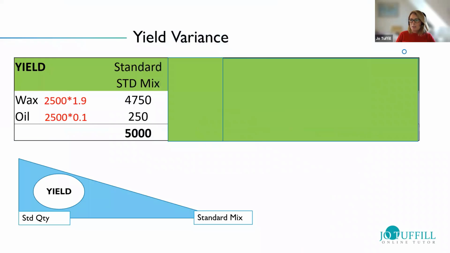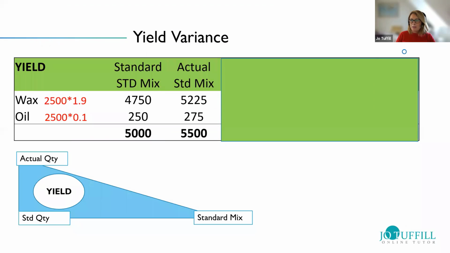So the standard quantity in the standard mix is there. The actual quantity in the standard mix, remember, we already calculated for the mix variance, but it's basically the 5,500 divided by 2 times by 1.9, 5,500 divided by 2 times by 0.1. That gives you the split in the standard mix.